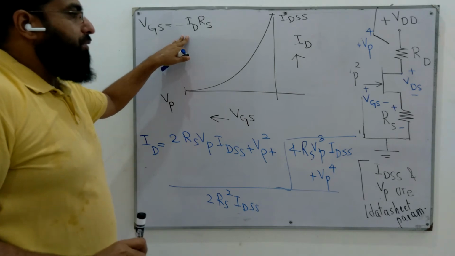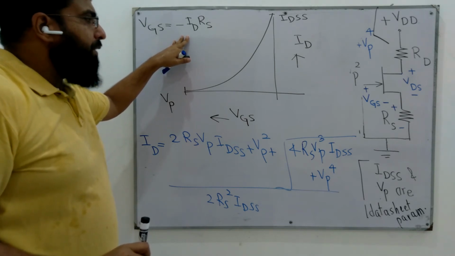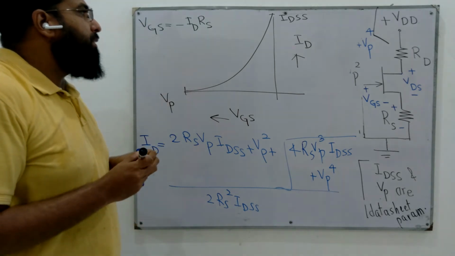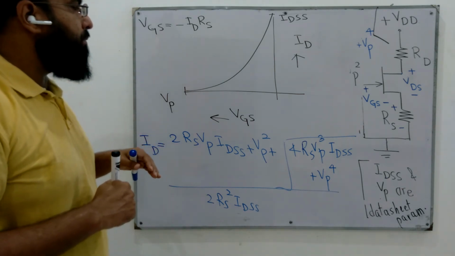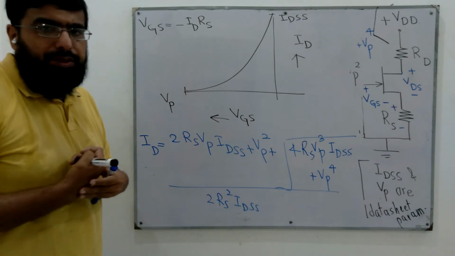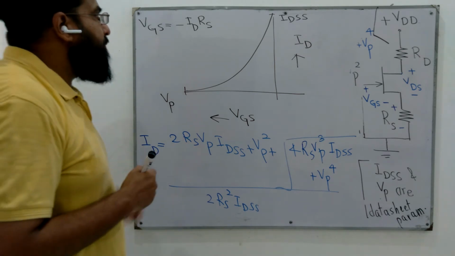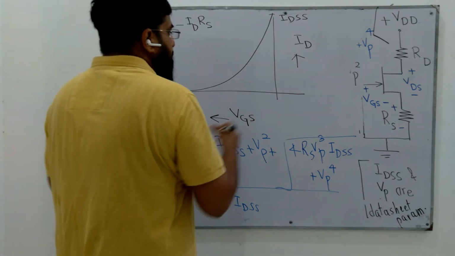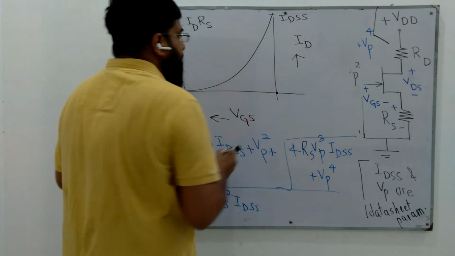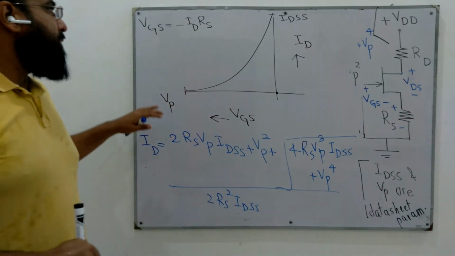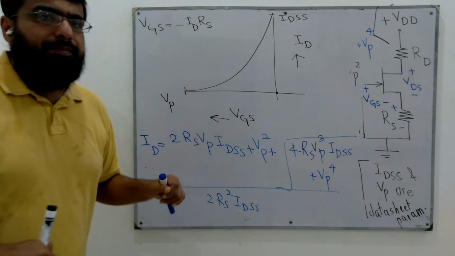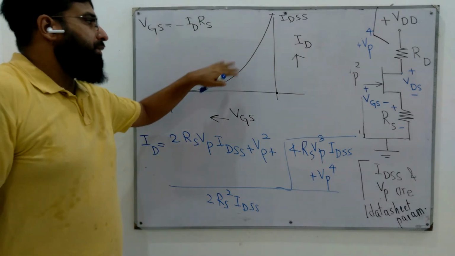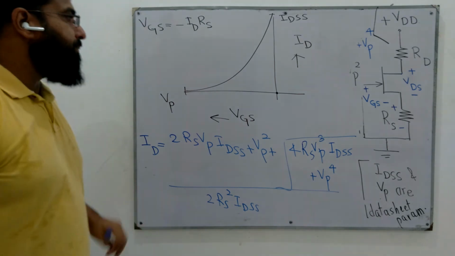We just derived it from the input loop equation at the start of this lecture. So VGS is minus IDRS, and we have 2 points. When we have 0 ID, this means VGS is 0, so one of the points can be taken here. If we have another point, we can draw a line, and the intersection between this curve and the line will give us the bias point.